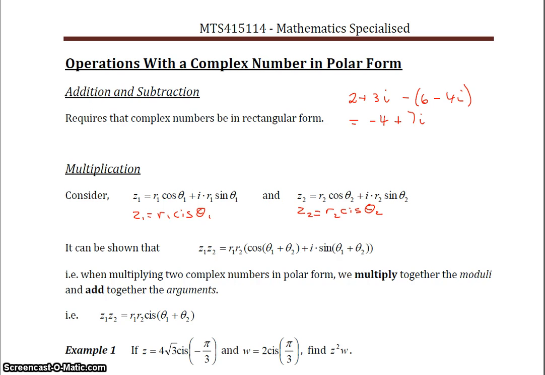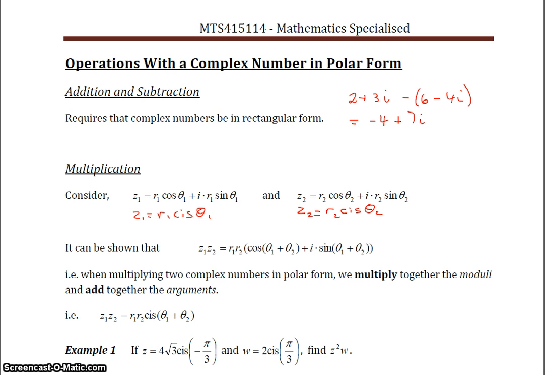Now it can be shown, we don't need to go through the process of proving it, that if we multiply those two complex numbers together, then we get r1 times r2, multiplied by cos of theta 1 plus theta 2 plus i sin of theta 1 plus theta 2.